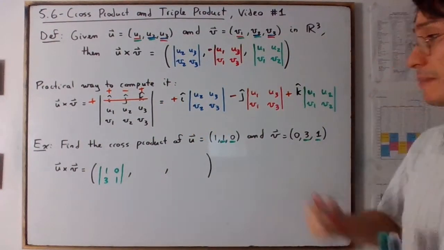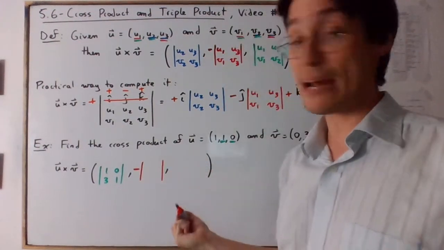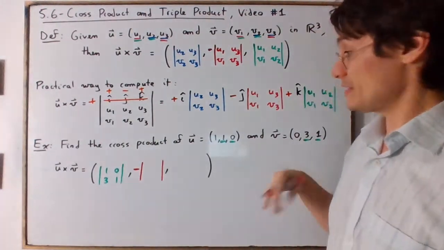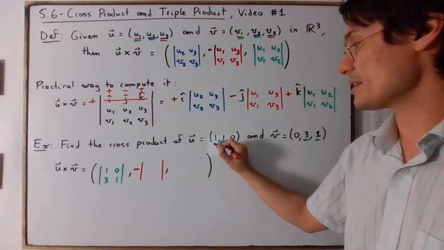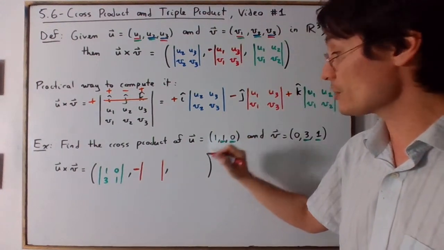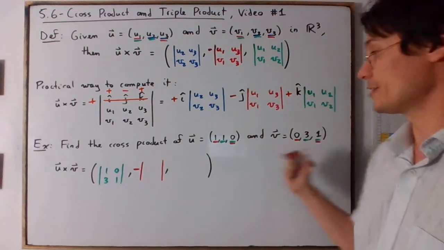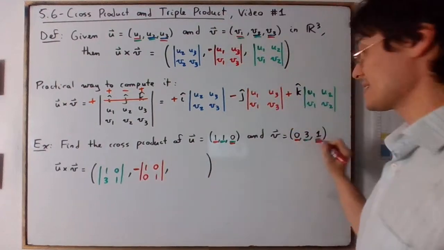Now the second component, you have to remember the pesky negative, so don't forget about it. If you remember that it comes from a cofactor expansion, then you shouldn't forget the negative. You're looking at the second component, which means you're keeping the first and the third, so you get 1, 0, 0, 1.